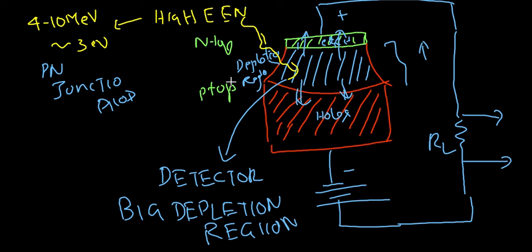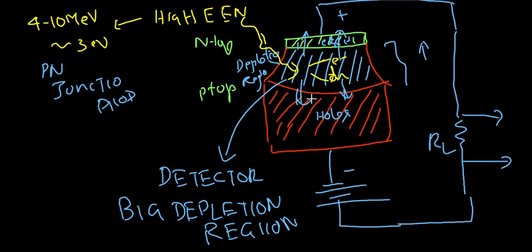Because of this high energy, it will collide with the molecule, and the molecule will be converted into an electron-hole pair.